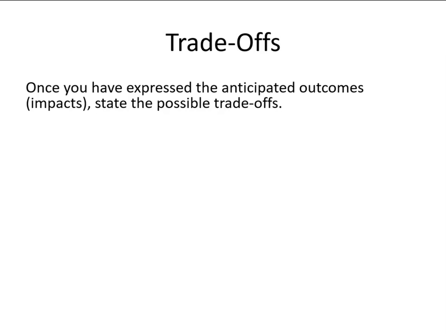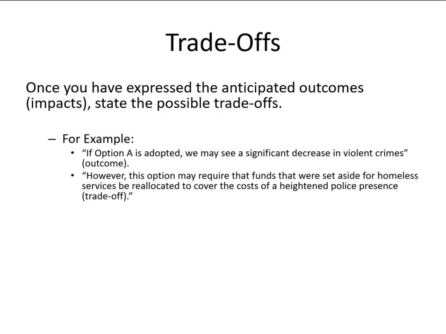Let's talk a little bit about trade-offs. And now, again, I want you to review both textbooks. So Welsh and Harris talks about trade-offs. They don't necessarily use that language, but they cover the same topic. So once you have expressed the anticipated outcomes, you finish your outcomes matrix, you want to state the trade-offs for each of the policy options.